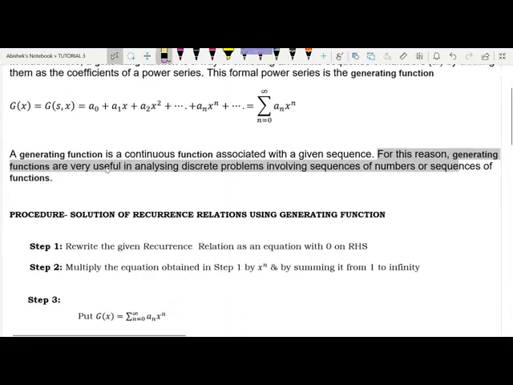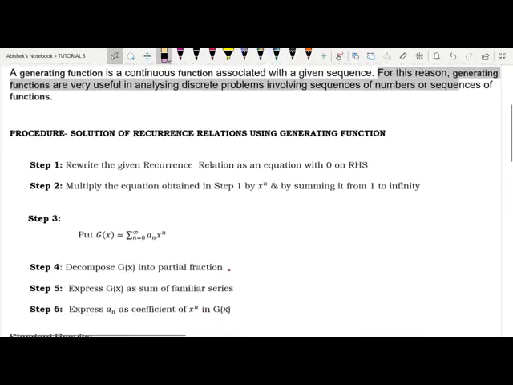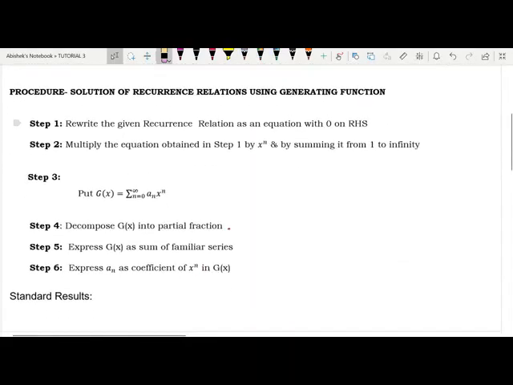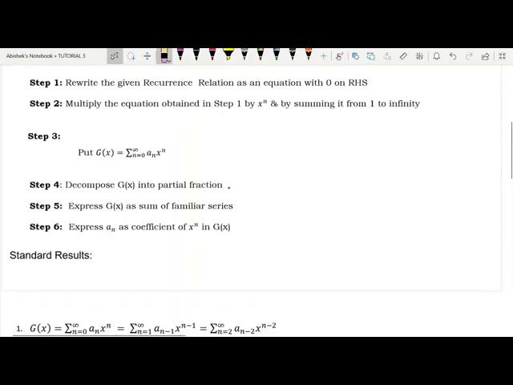The main application of generating functions is that they are used to solve recurrence relations. These are the step-by-step procedures for solving recurrence relations by using generating functions. Step 1. Rewrite the given recurrence relation as an equation with 0 on the right hand side. Step 2. Multiply the entire equation by x power n and sum it from 1 to infinity, 2 to infinity, etc., based on the equation we have.